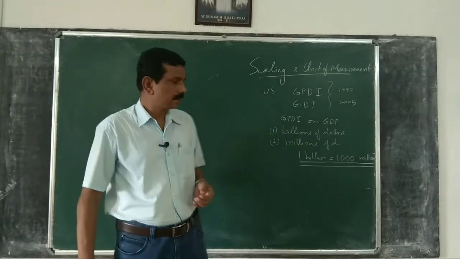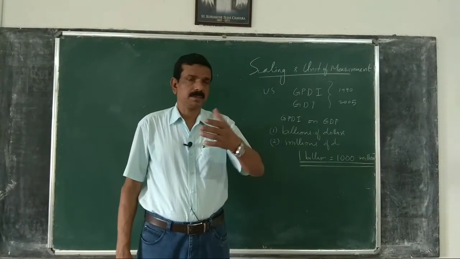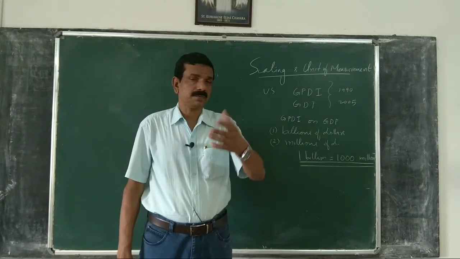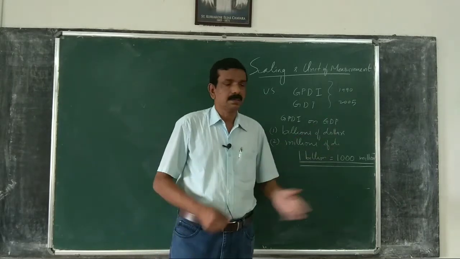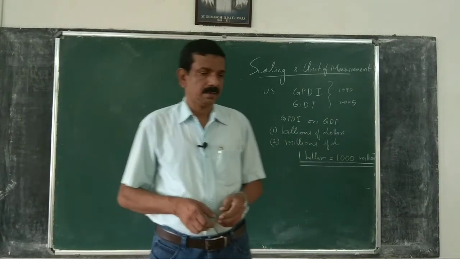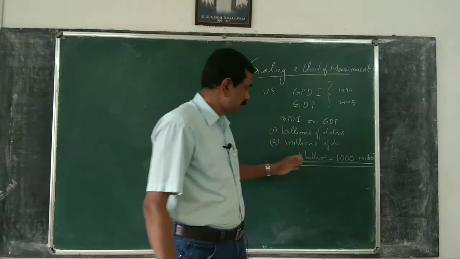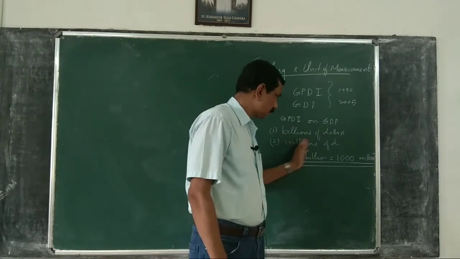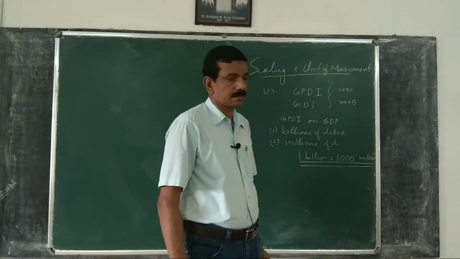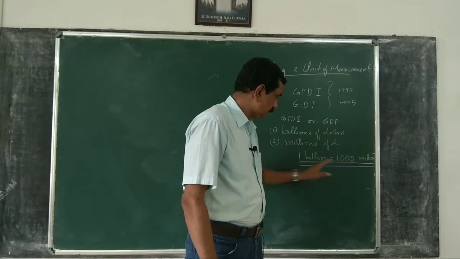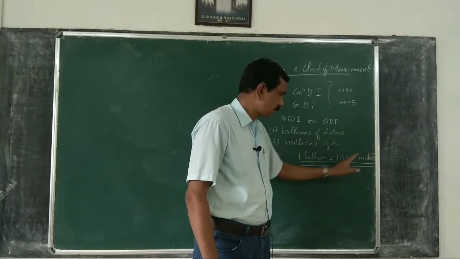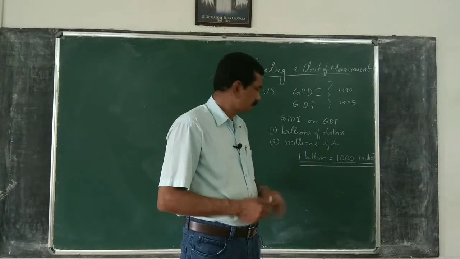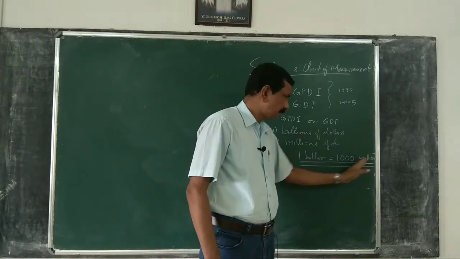For example, you can use data in rupees, thousands of rupees, lakhs of rupees, crores of rupees, millions, billions, as you like. So one researcher uses the data in billions of dollars, another one uses data in millions of dollars. If the data is used in billions, you can convert it into million by multiplying this with 1,000, because 1 billion is equal to 1,000 million.